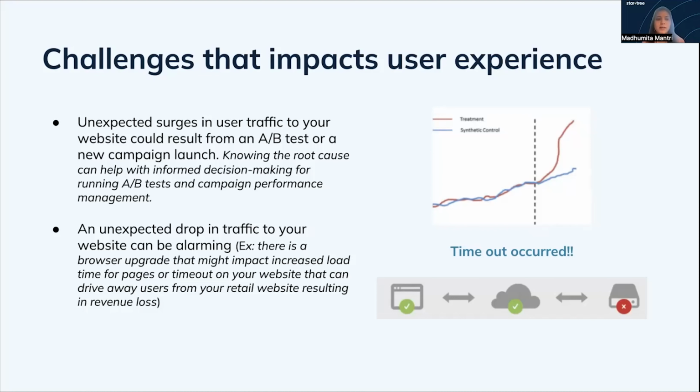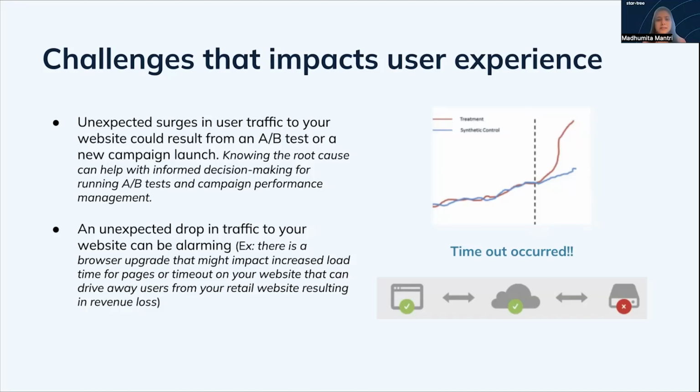strategize your work. As an example, if there is a new campaign launch happening alongside and you are running an A/B test, that could give you a false impression that there's a spike, and you might think that because of your product feature rollout, the user experience has improved and user engagement has increased, and that may be a false alarm.